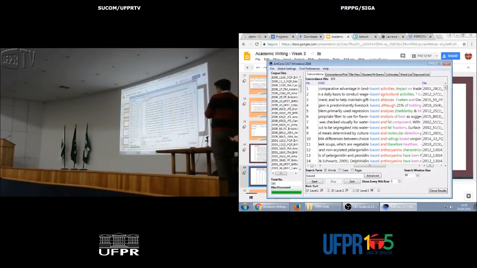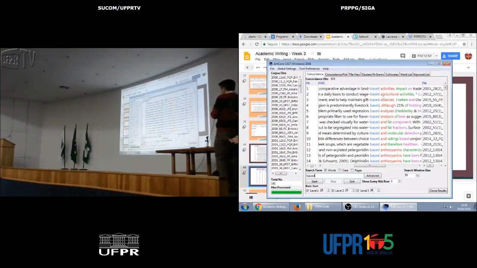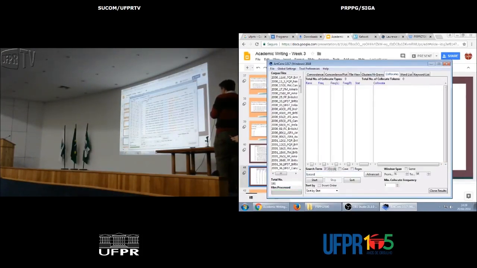And the first screen here, this is called keyword in context, with "based" as a node word. And you can simply look at its behavior there.